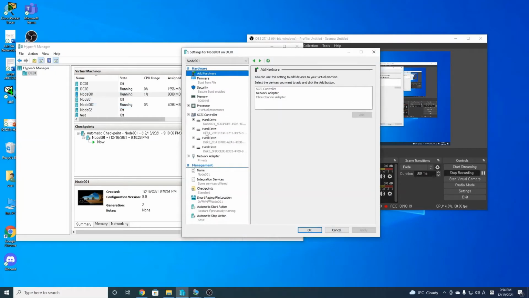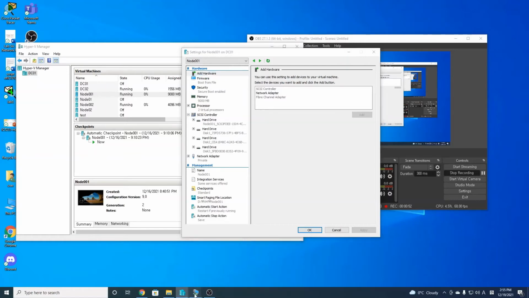I attached 3 hard drives on each node server. The attached hard disks are using Storage Spaces Direct. Storage Spaces Direct uses industry-standard servers with locally attached drives to create highly available, highly scalable, software-defined storage at a fraction of the cost of traditional SAN or NAS arrays.